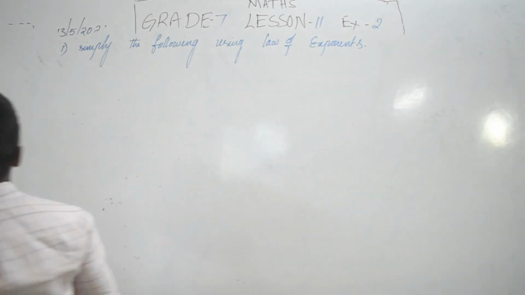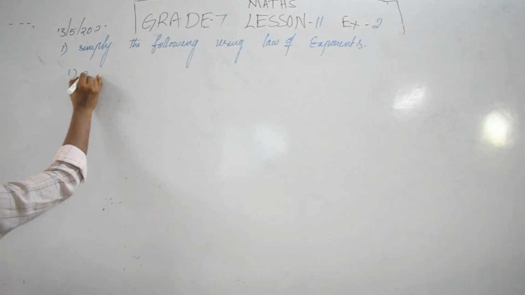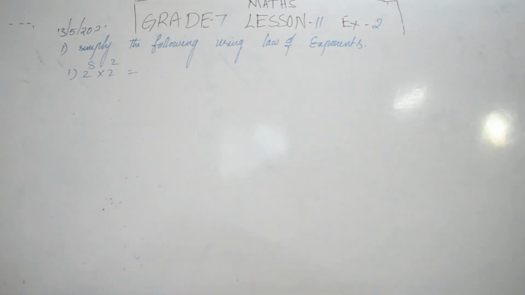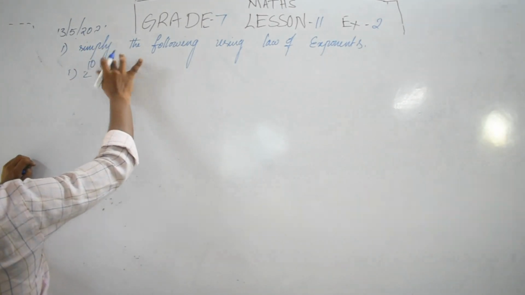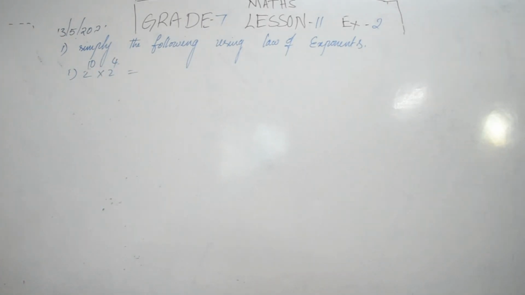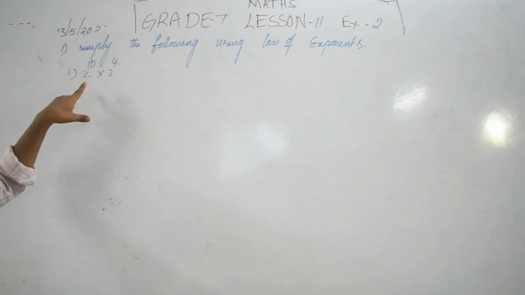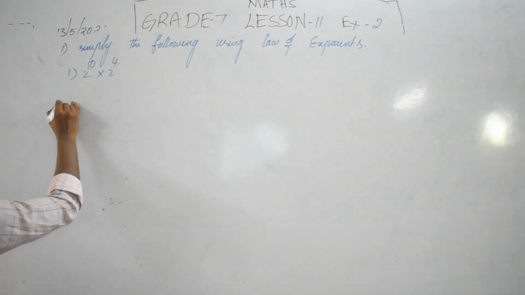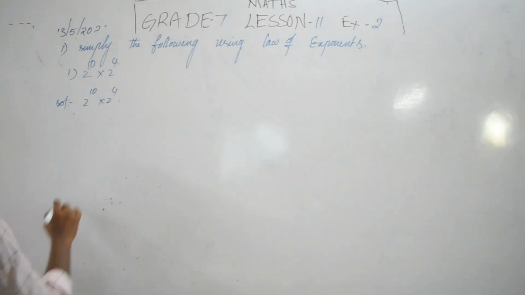The first problem is 2 power 8 times 2 power 2, times 2 power 10 times 2 power 4. Here the bases are equal and the powers are different. Which law are we using? Now the answer: 2 power 10 times 2 power 4.